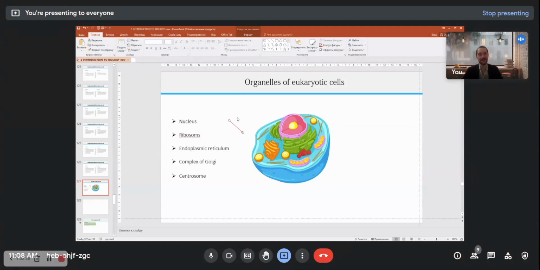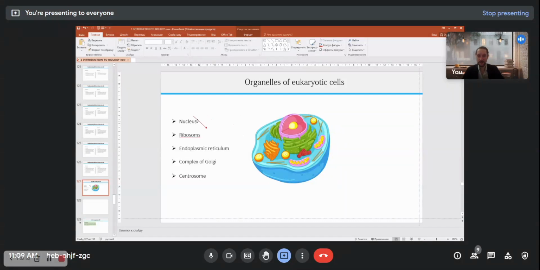Let's imagine that you created something and then you want to transfer this product to another person. You go with this product to the post station, you pack this product into a package, and then you deliver it to the place where it will be needed.